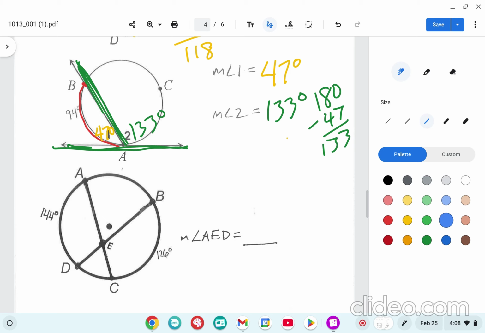We need to add those up and divide the sum by 2, and the resulting answer will be the measure of both of the angles around point E. In this case, we get 270 divided by 2 is 135. And that is the measure of the angles inside, including angle AED.